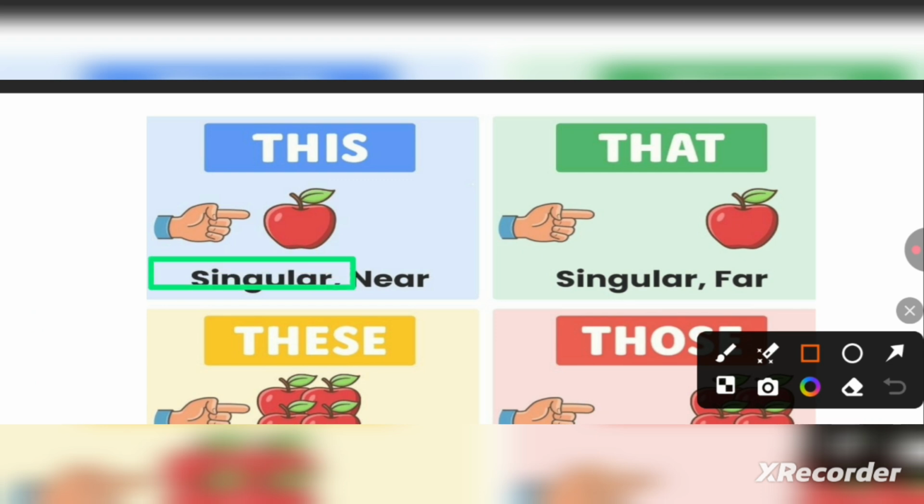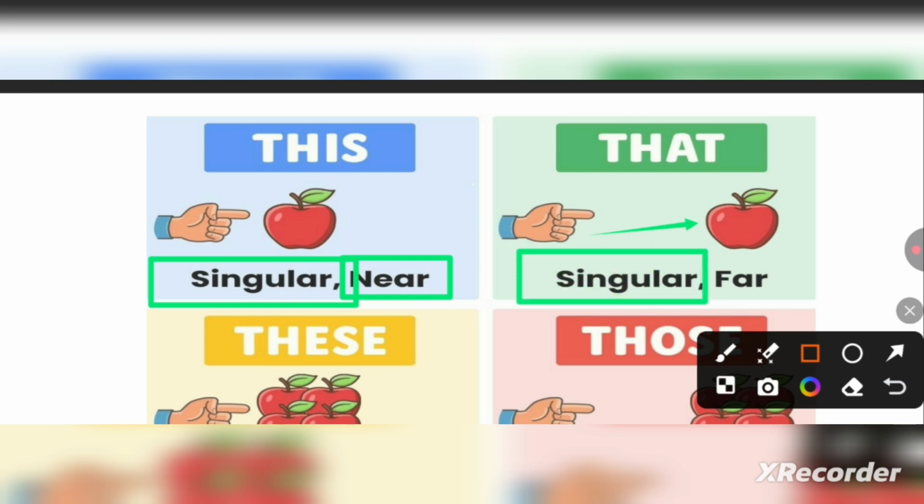It is only one. It is quite close to the speaker. And demonstrative determiner that is at some distance from the speaker. Moreover, it is only one apple and it is located at some distance.